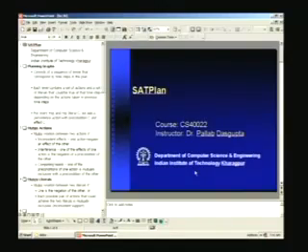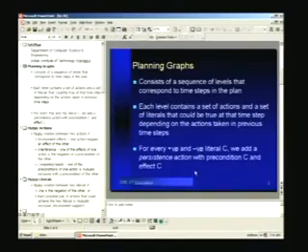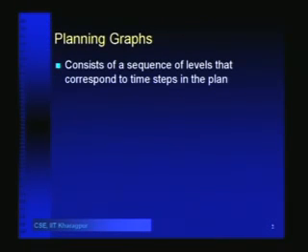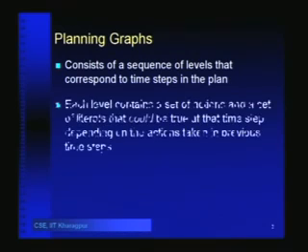So, let us quickly trace back to what we had seen in the last class. We had seen planning graphs, which was simply unfolding the state space tree of the planning problem level by level.